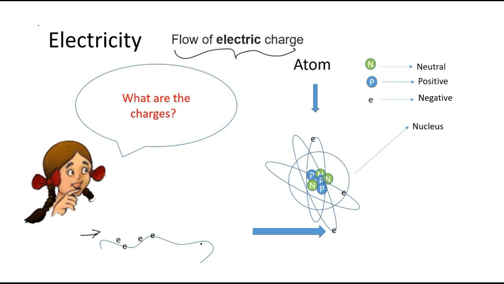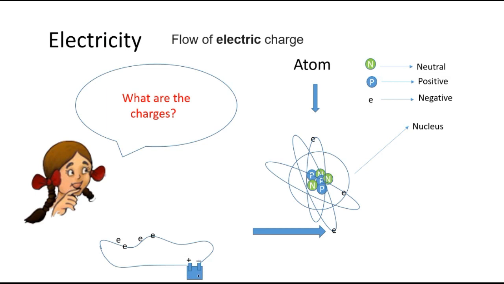And how can we do that? Connect it to a source of electrons. And what is this source of electrons? It's a cell or a battery. And there are many electrons which are already there because of the chemical reactions. Now, once you connect it, suppose this is a positively charged terminal and this is negative.